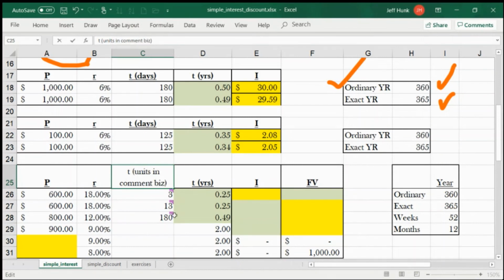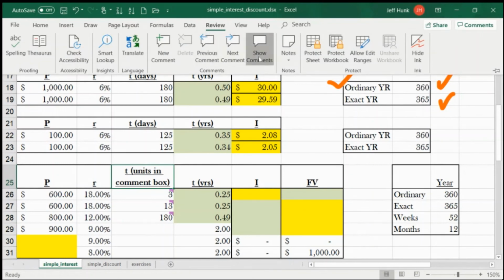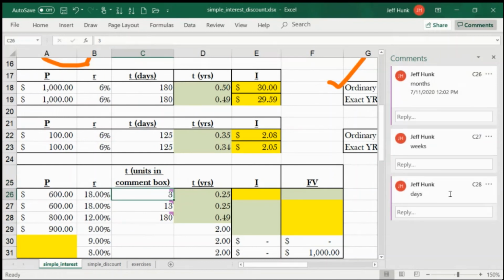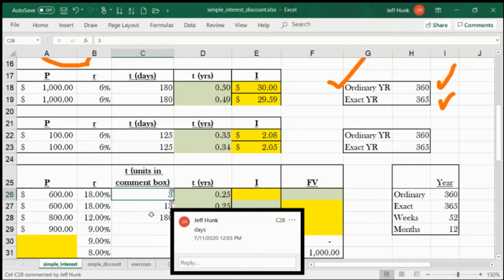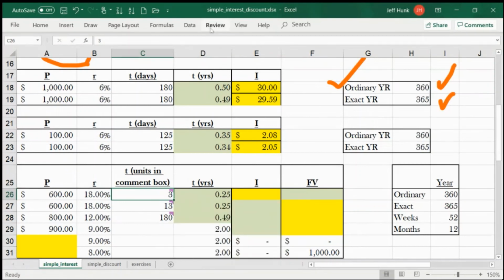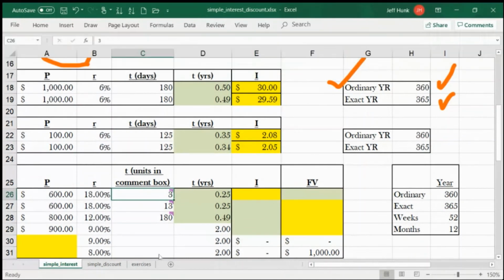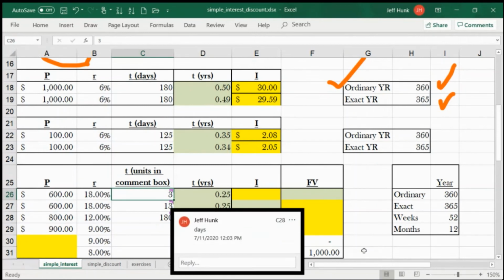Comment box. Okay. All right. Then also I can. Oh, it's like that. They show the comment there. Okay.